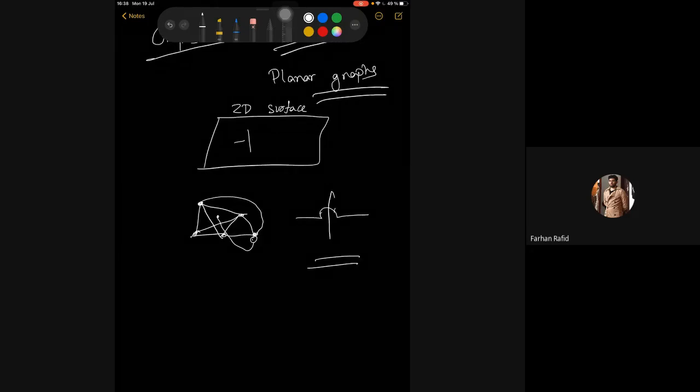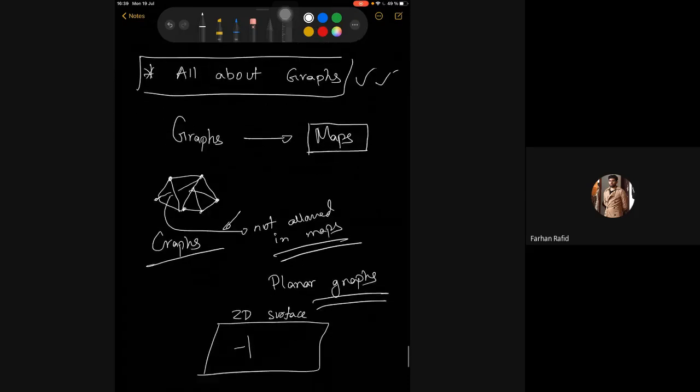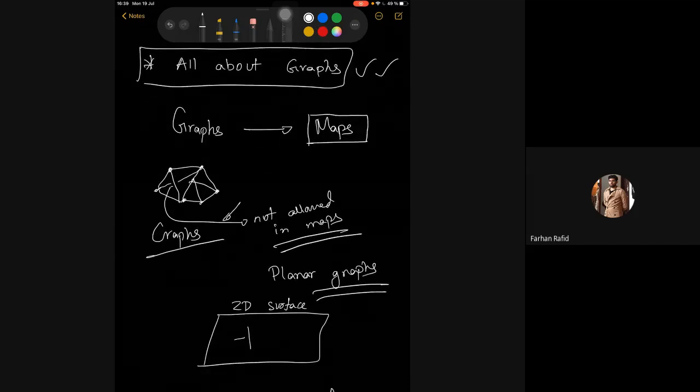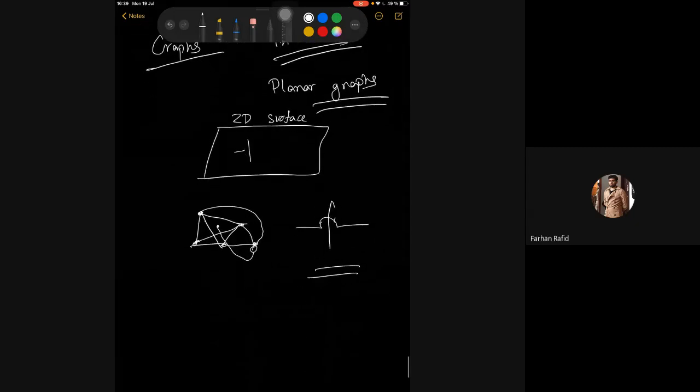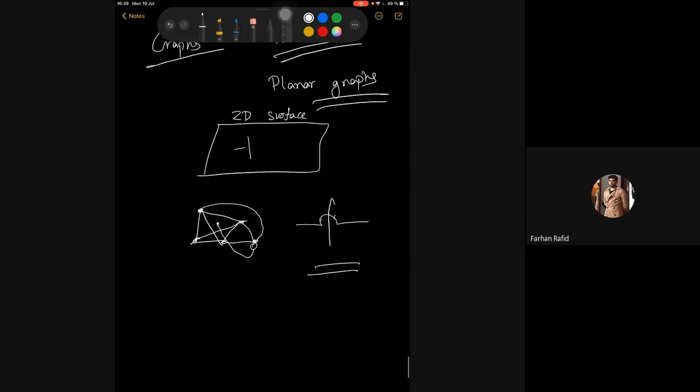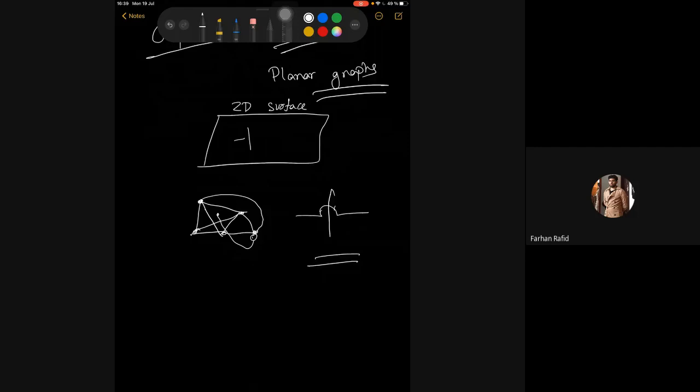One, graphs do not necessarily offer the notion of near and far, but maps do, because since this is not allowed, this point is actually far from that. So they offer the notion of distance. And second, they keep things in 2 dimensions. If you want to describe things in 2 dimensions, a map is a better candidate than graphs.